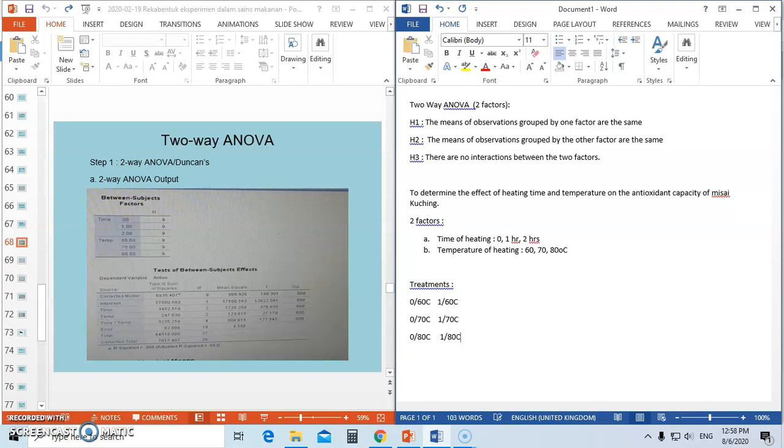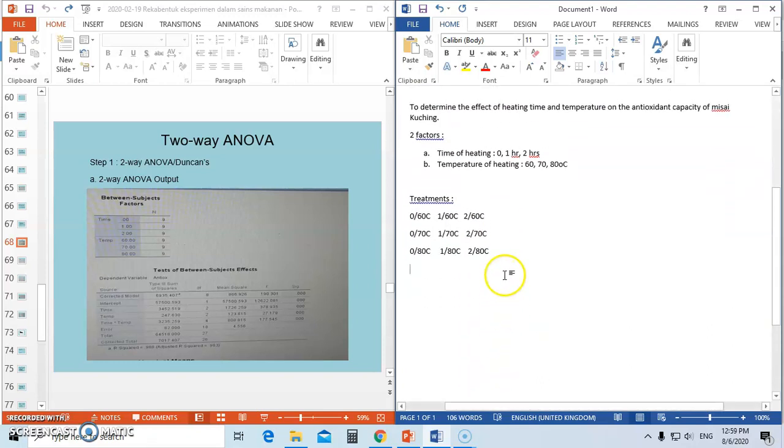Okay, and then we will also have 2 at 60 C, and then we also have 2 at 70 C, and we will also have 2 at 80 C. Okay, so these are our treatments.